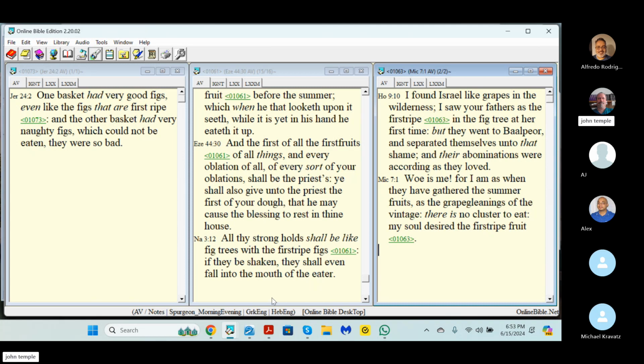Numbers 13:20. Why is that? So, because that's 19. All right. Let me see. In Hosea 9:10, it's early, first time, fig tree, first ripe. And then Nahum 3:12 talks about the first ripe figs. Okay, we did that. Let's see.